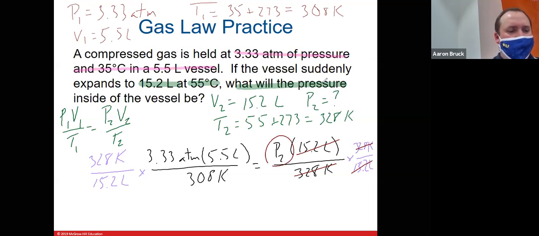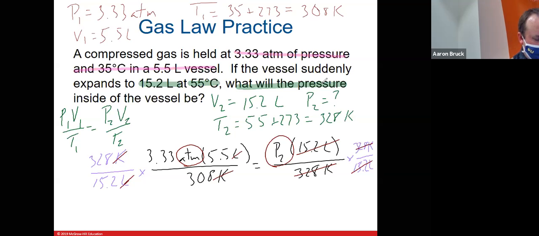Everything cancels other than P2 on the right-hand side. Only the units, Kelvin and liters, cancel on the left-hand side. I'm going to be left with atmospheres of pressure, which is good because that's what I need.